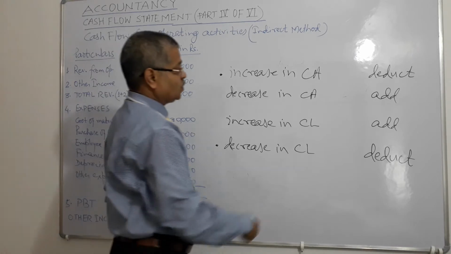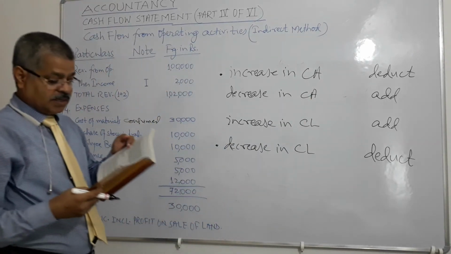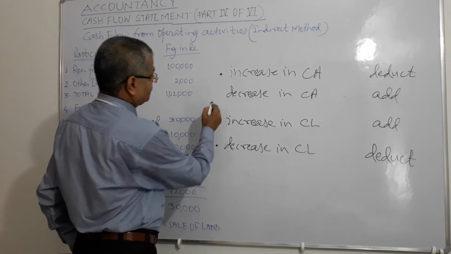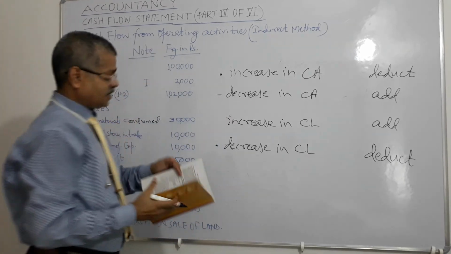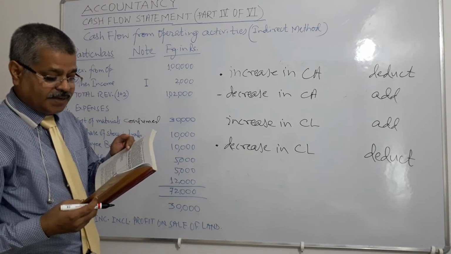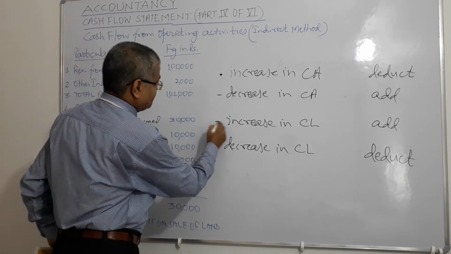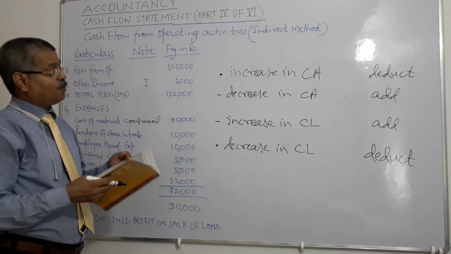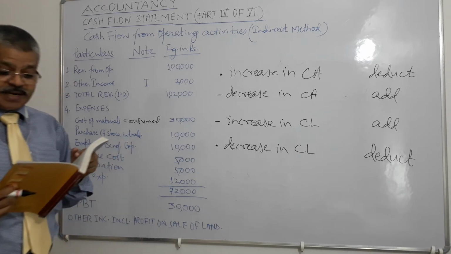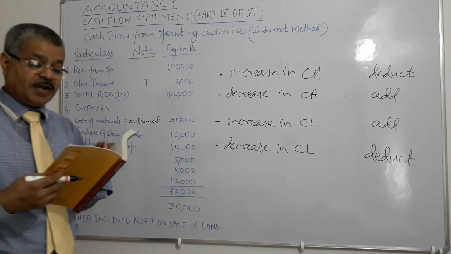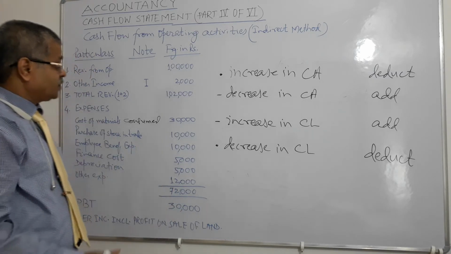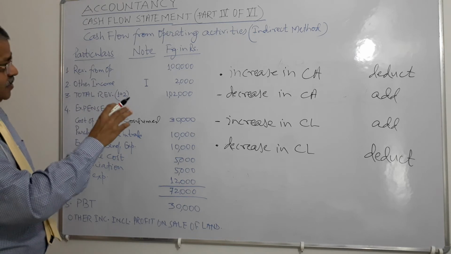Then decrease in current assets and increase in current liabilities are added to the operating profit so as to arrive at the exact amount of net cash flow from operating activities, right? So you must remember this.